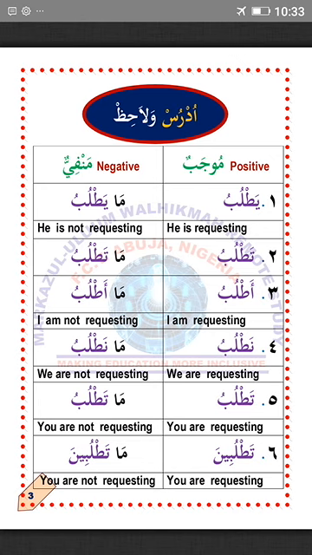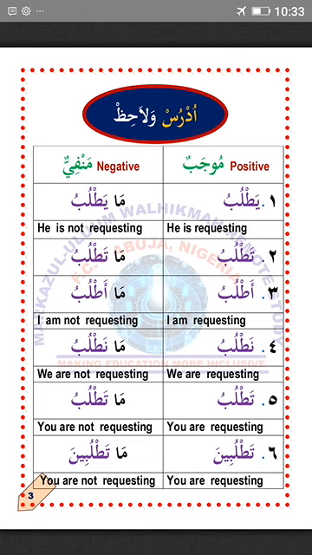This is the state of a sentence in Arabic that means nothing is happening. For instance, Wahid, number one. Yatlubu, he is requesting. Ma yatlubu, he is not requesting. Ithnan, number two. Tatlubu, she is requesting. Ma tatlubu, she is not requesting.